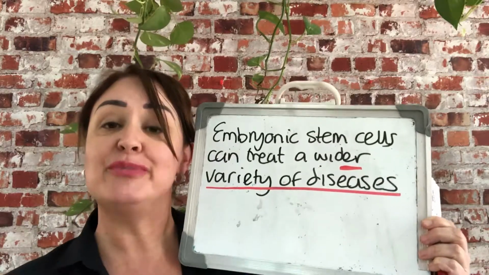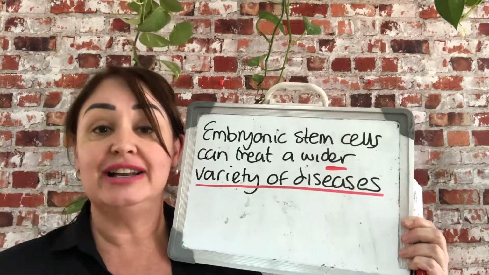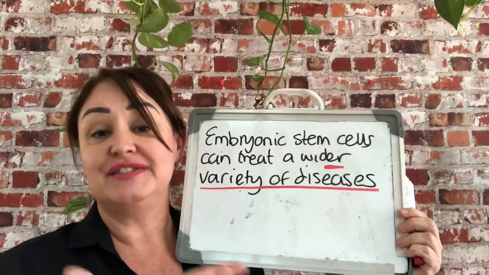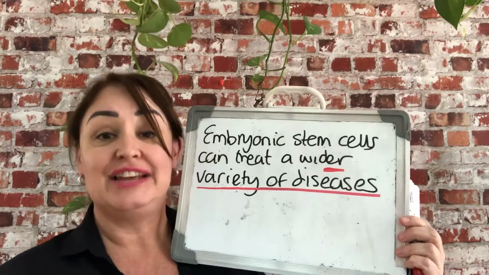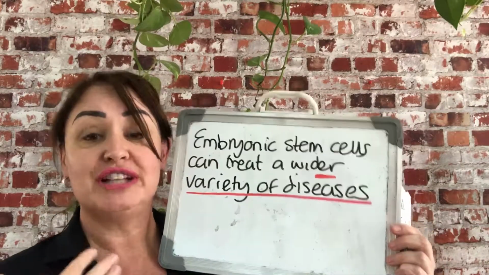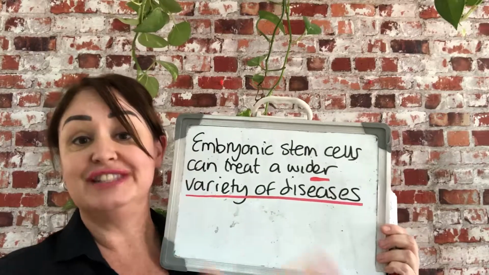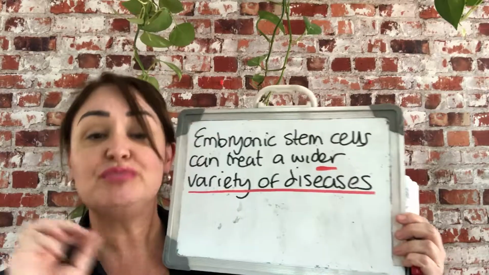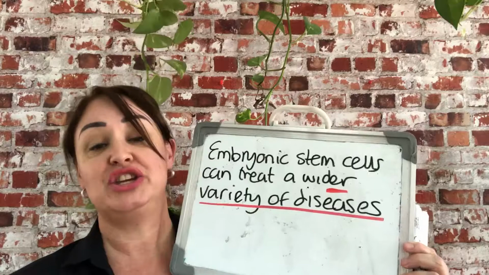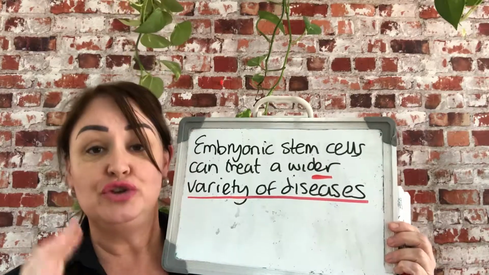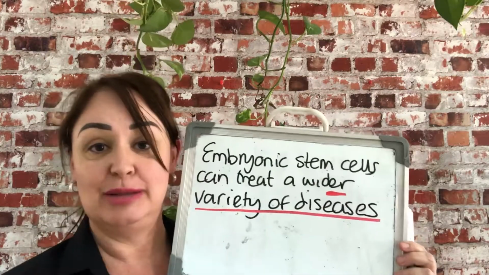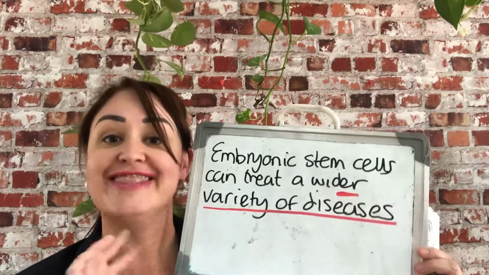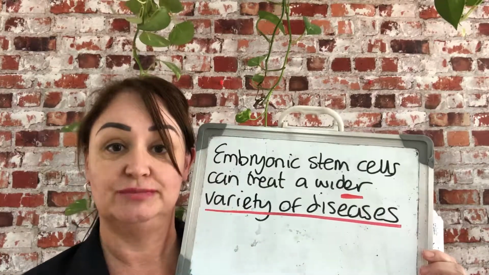We were told that embryonic stem cells could turn into a wide variety of cells. That means that if they turn into a wide variety of cells, they're able to treat a wider variety of diseases. And so you haven't just paraphrased the information from the table, you've been able to use it and you've added a little bit of your own content on there, and that is what the question wants.